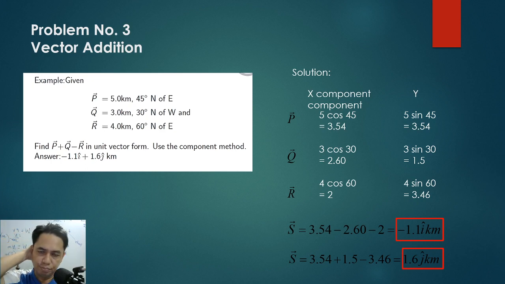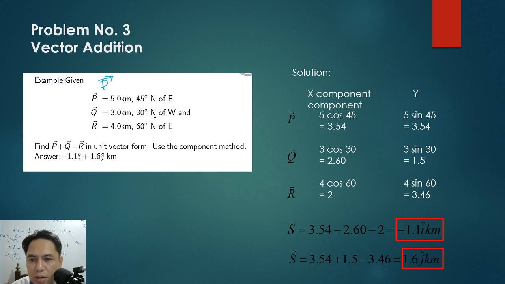Okay, so let us see number 3. Vector addition. That is number three for the graded seat work. We were given three vectors P, Q, R. How do we know that they are vectors? Because there is this bar above the letter, the symbol for the vector.